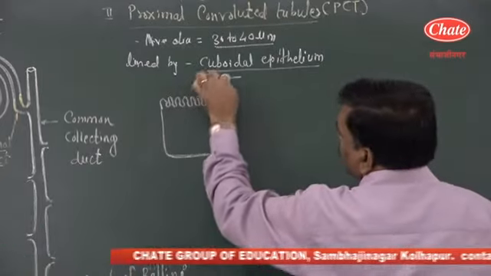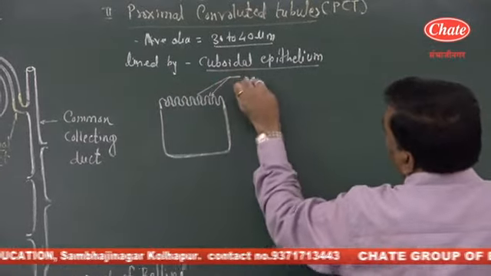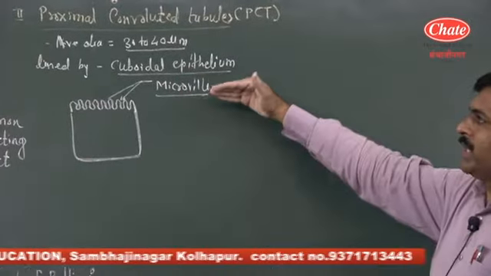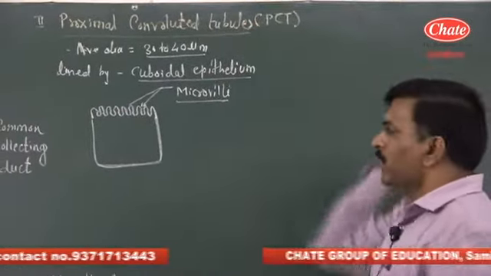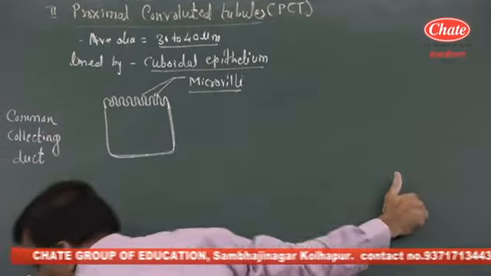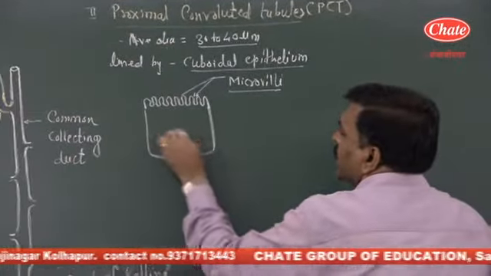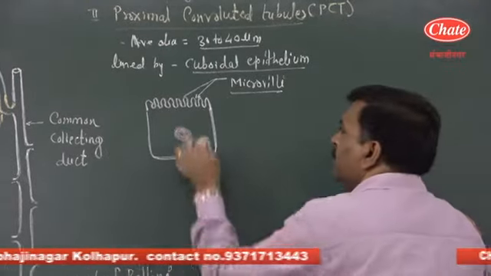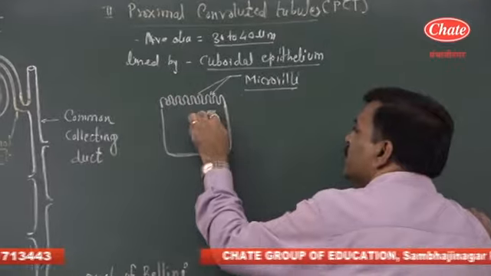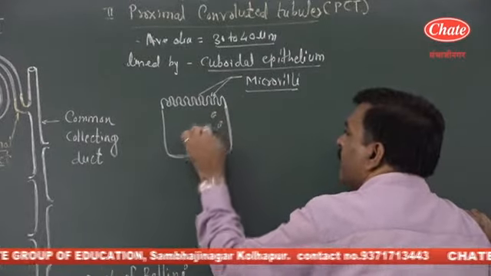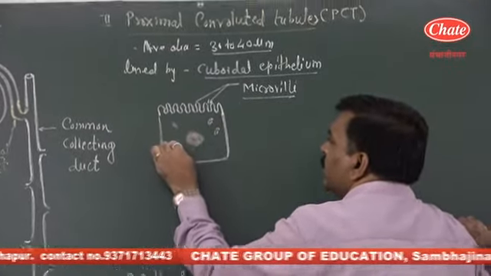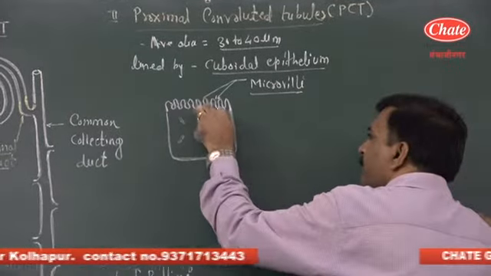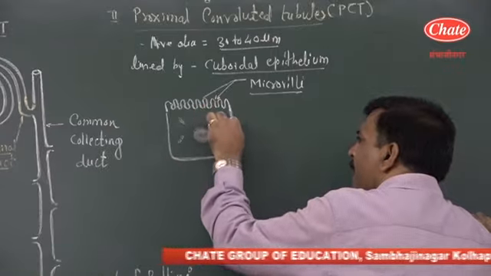These finger-like projections are termed microvilli. So the presence of microvilli is the peculiarity of the cuboidal epithelium of the proximal convoluted tubule. We can observe the nucleus in the cytoplasm, but there is a second peculiarity, the presence of a large number of mitochondria, or abundant mitochondria, in the cuboidal epithelium.